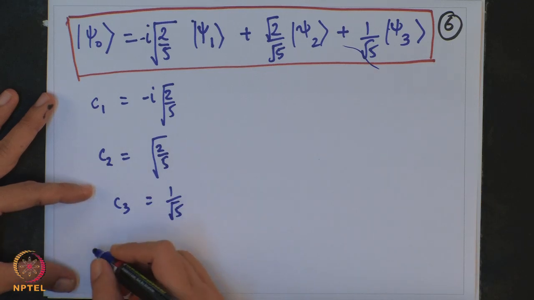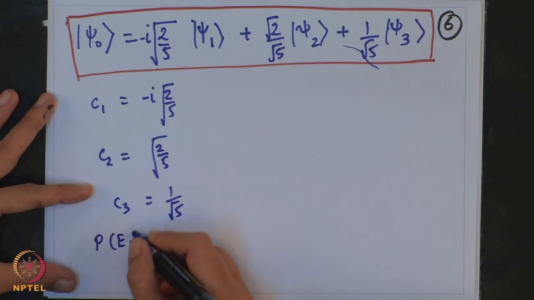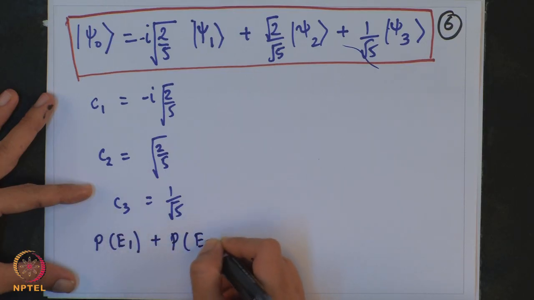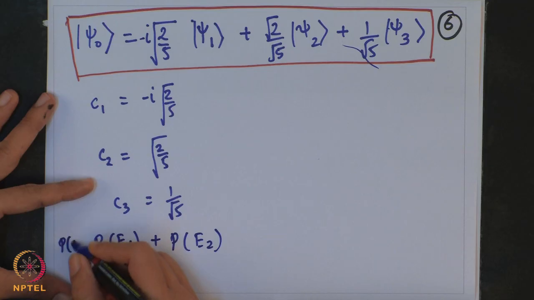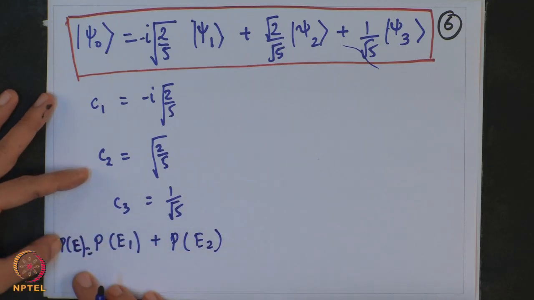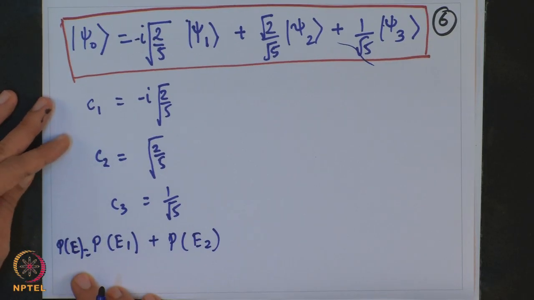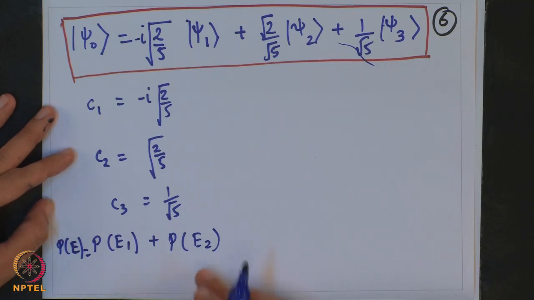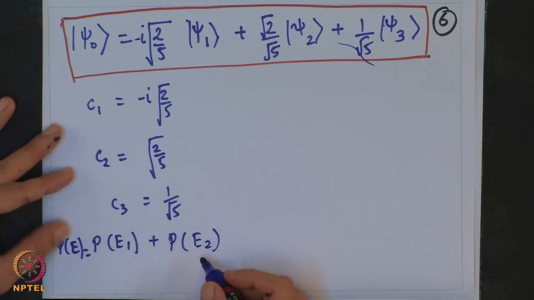Now, in order to obtain the probability of E1 plus the probability of E2, let me represent P of E as the probability of finding the particle in either state 1 or state 2, that is epsilon 1 or epsilon 2.